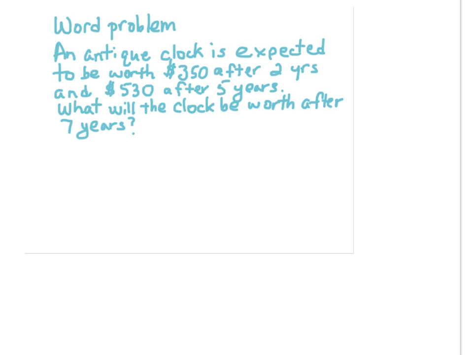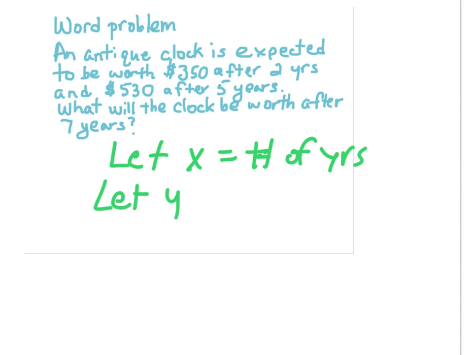So in this problem, we're going to let x equal the number of years. We're going to let y, anybody know what I'm going to let y equal? Value of the clock, right?